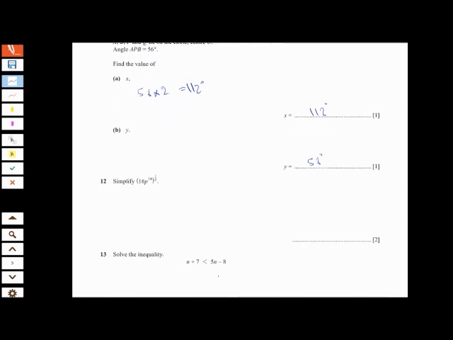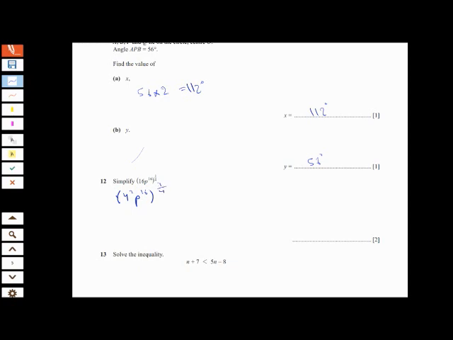Now question 12, simplify 16p to the power of 16, then overall to the power of 1 over 4. So first simplify 16, how to simplify 16? It's basically 4 to the power of 2. And then write down here p to the power of 16, then all of this to the power of 1 over 4.